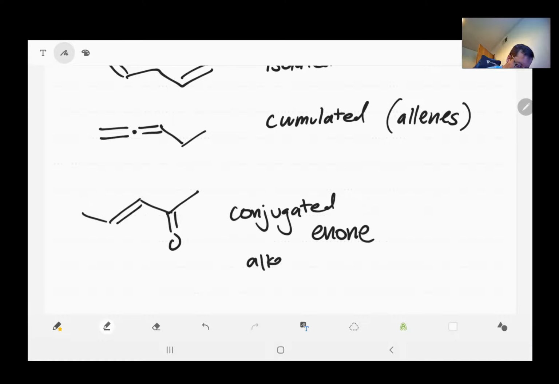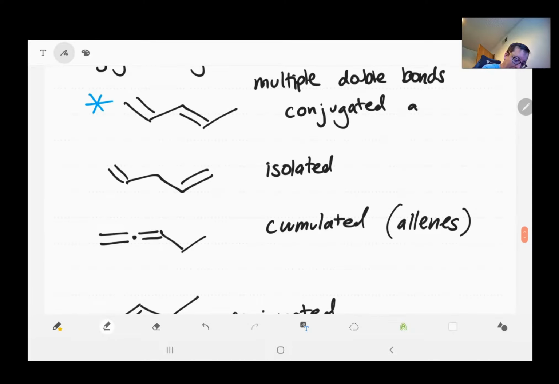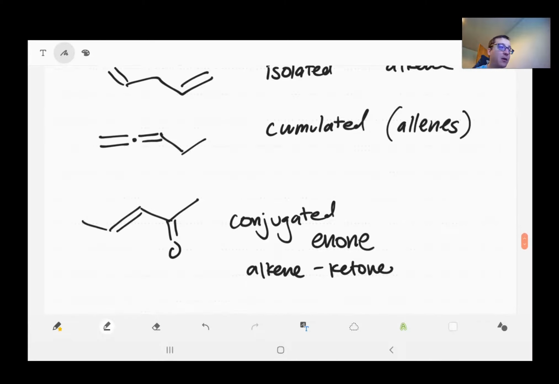It's an alkene ketone. These are all alkenes. And those would be called allenes, but those are a special case. We're not even going to talk about cumulated ones in this course, so we're cool. So yeah, you can have it with other things.